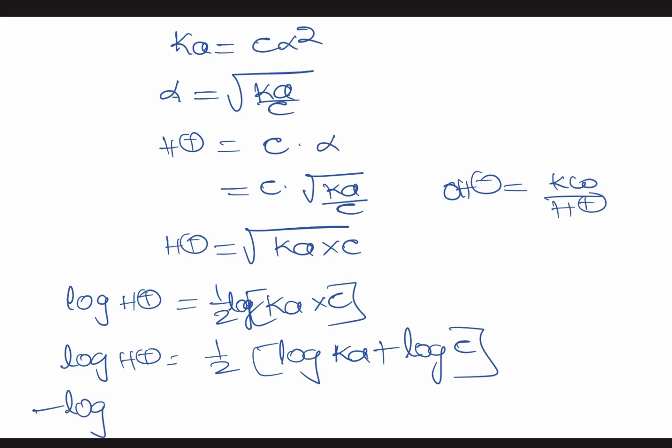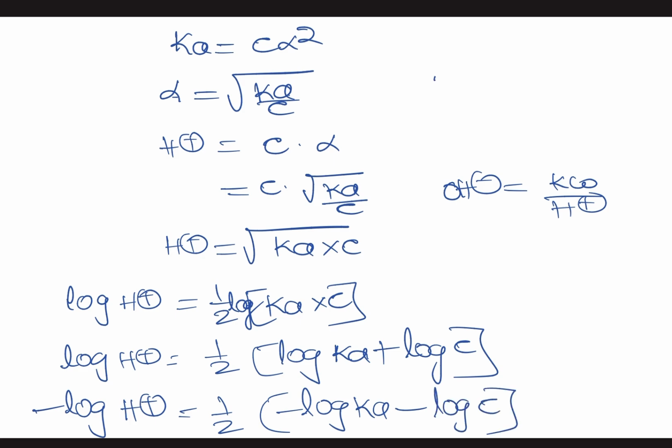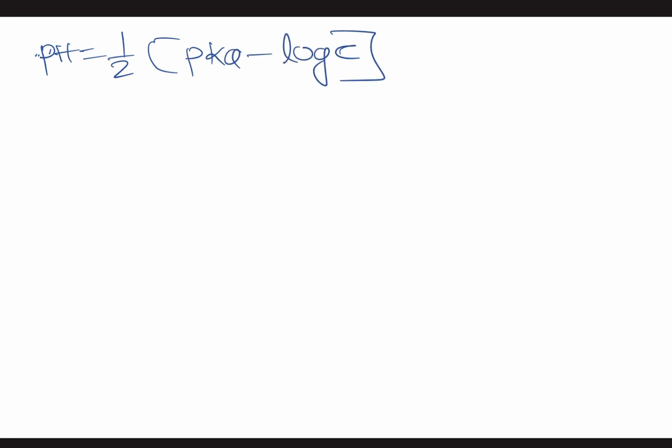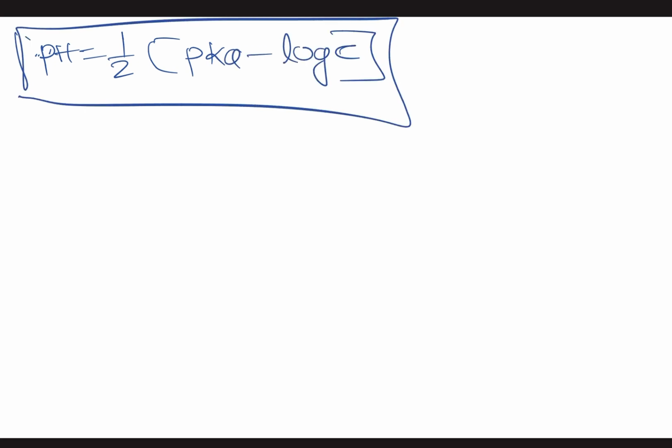So minus log H+ is equal to 1 by 2 of minus log Ka plus minus log C. We know that minus log Ka is equal to pKa, so you can apply that here. Right now I can write pH is equal to 1 by 2 of pKa minus log C. This formula will help to find out the pH of a weak acid.